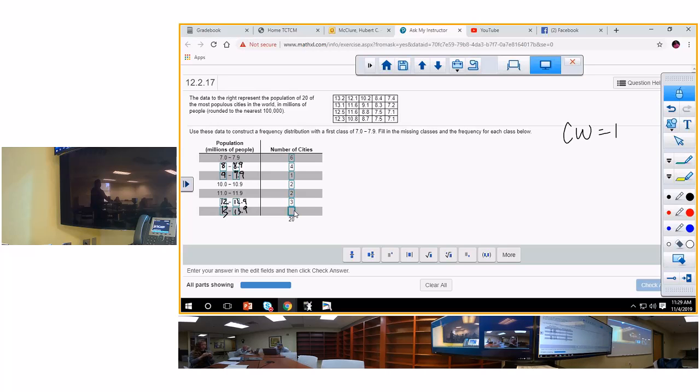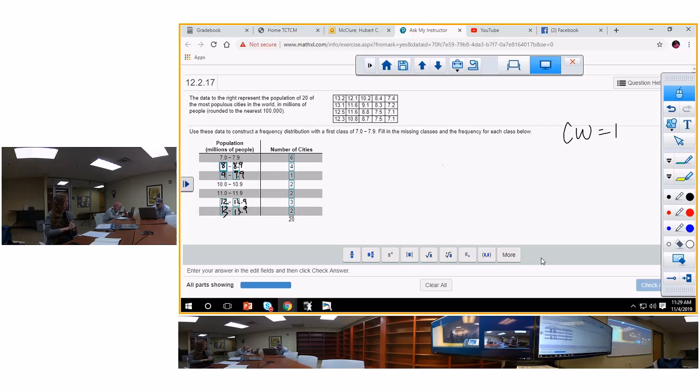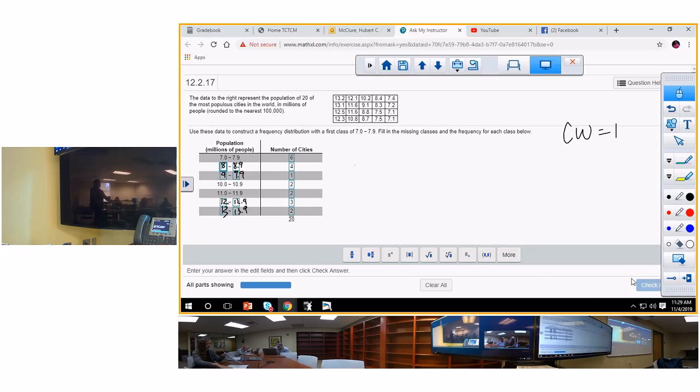And 2. And it's not letting me check the answer. Oh, I'm not going to fill all that in. So anyway, is that everything? That's everything. Both of those are good test questions.